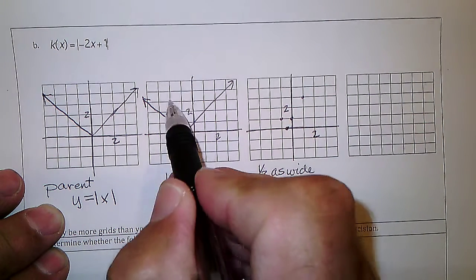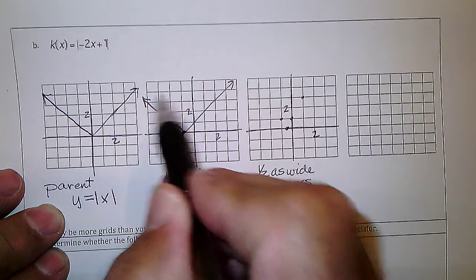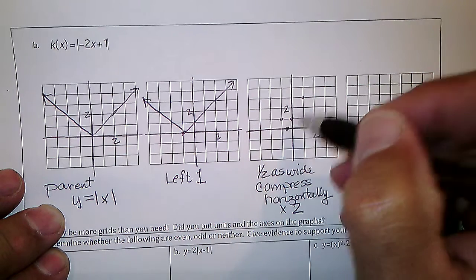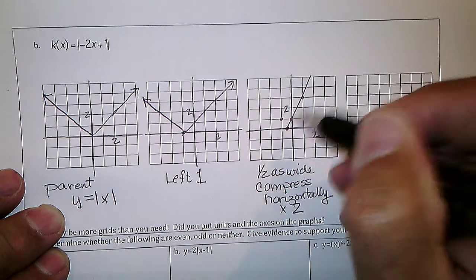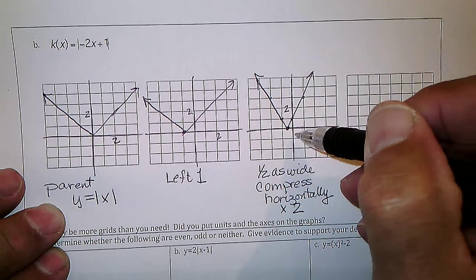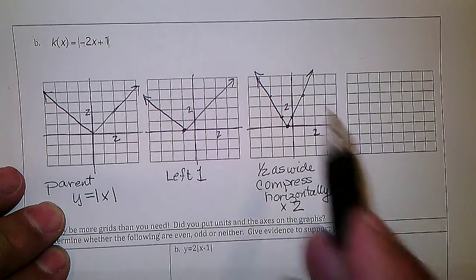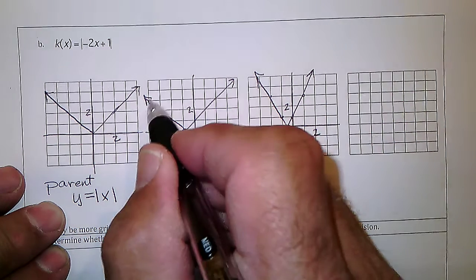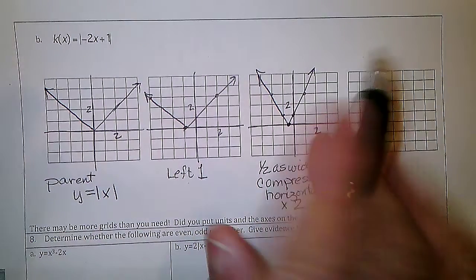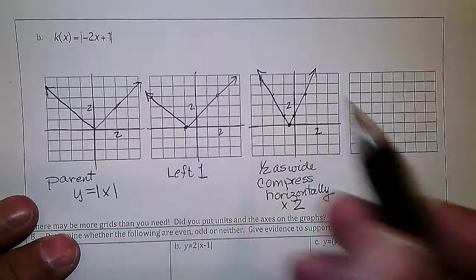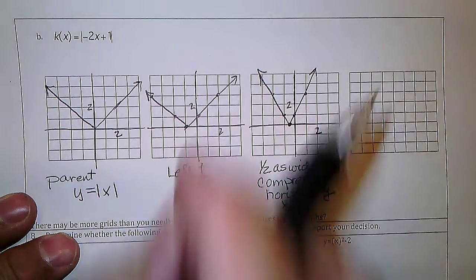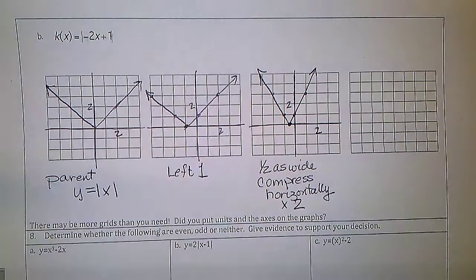And this point is 1, 2, 3, 4 away, so it goes to 2 away. 1, 2. So this should look like, and I can tell that I'm doing a horizontal compression because the points I had on this graph didn't stretch up or down. They just got closer to the y-axis. I know I'm doing a horizontal thing instead of a vertical thing.